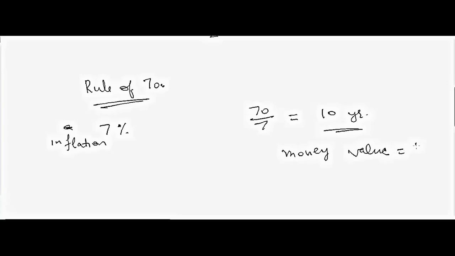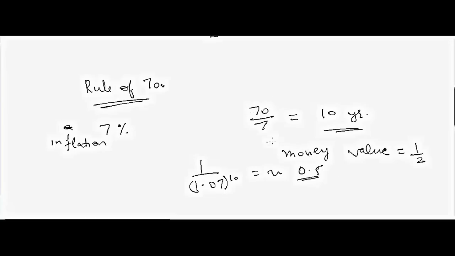You can do this in an accurate way by calculating 1.07 raised to the power 10, and that will be approximately equal to 0.5. So it takes around 10 years if the inflation is 7% for money to be half.